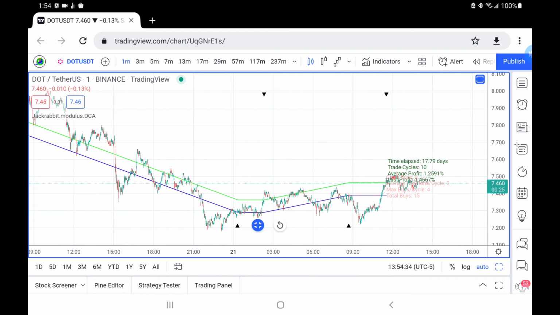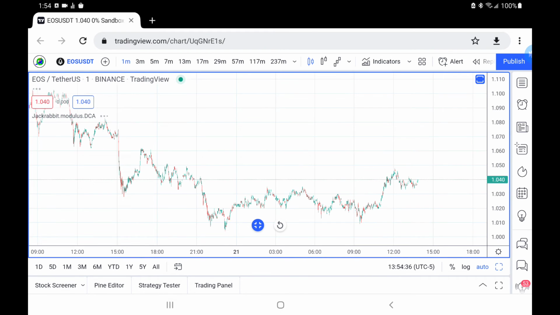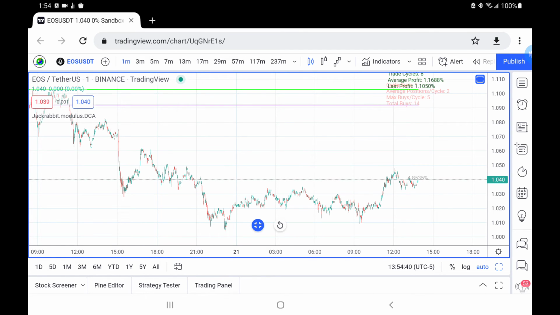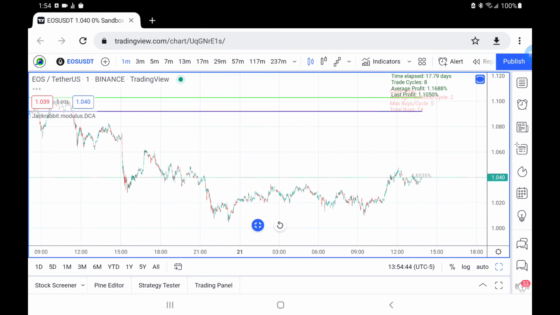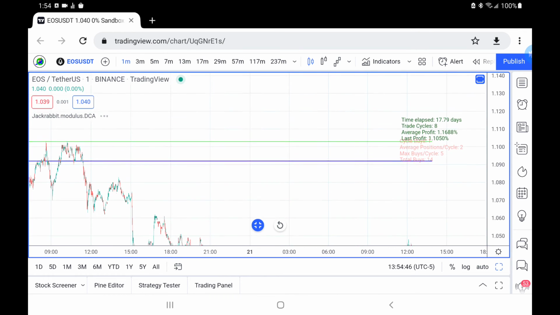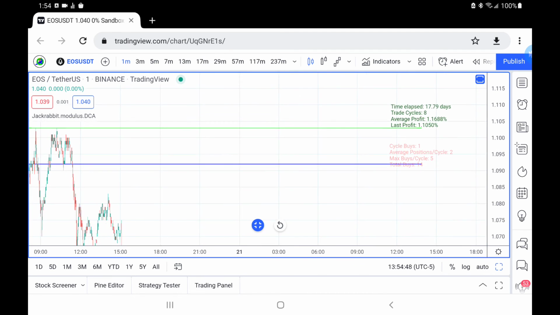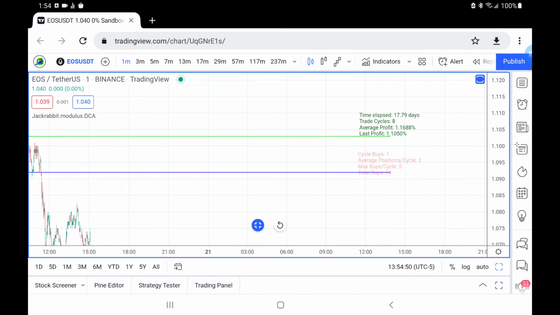Okay, let's go on to the next coin. Now, many of these coins are difficult coins. They have a difficult history, and they can be problematic to trade in the long term. But they're still profitable now. 8 trades within the last 3.5 days. 1% average.